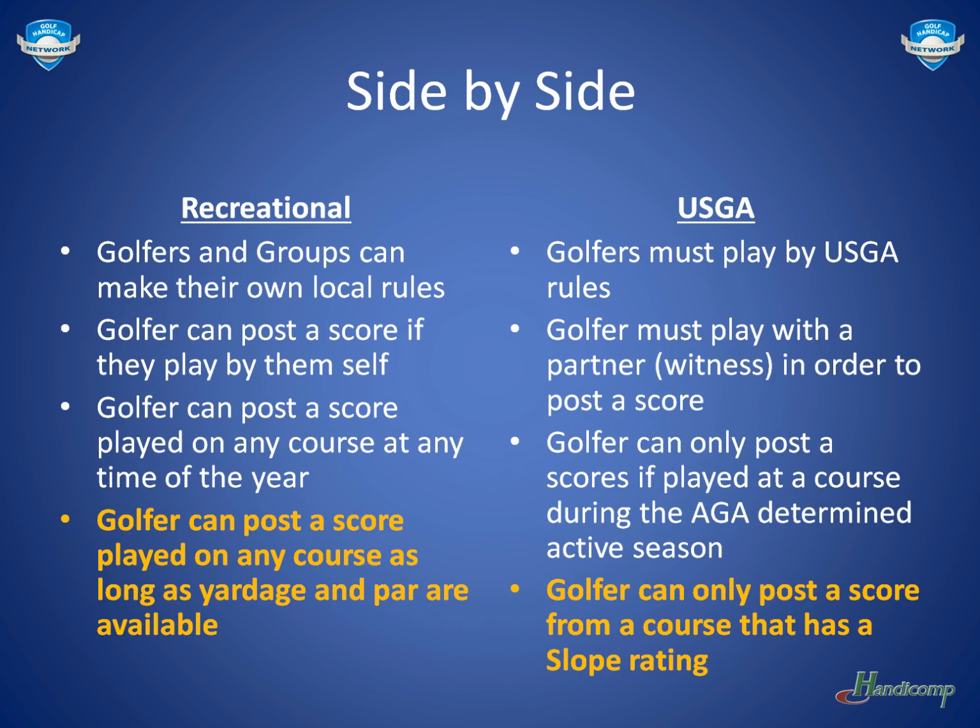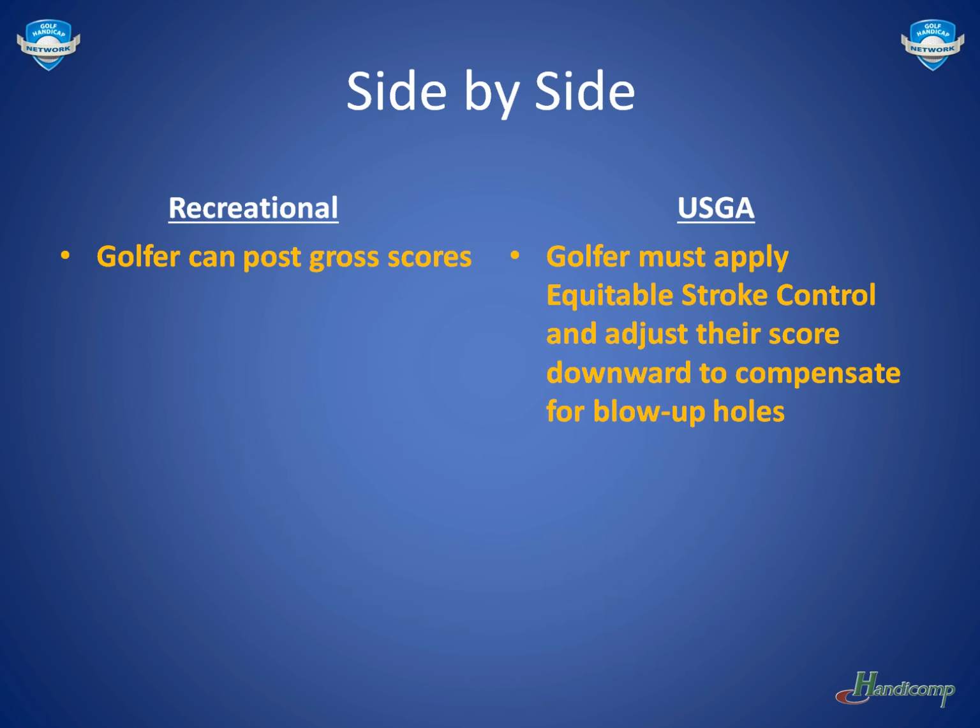For recreational, a golfer can post a score played on any course as long as yardage and par are available. For USGA, a golfer can only post a score from a course that has a slope rating. For recreational, a golfer can post their gross scores. For USGA, a golfer must apply equitable stroke control and adjust their score downward to compensate for blow-up holes.